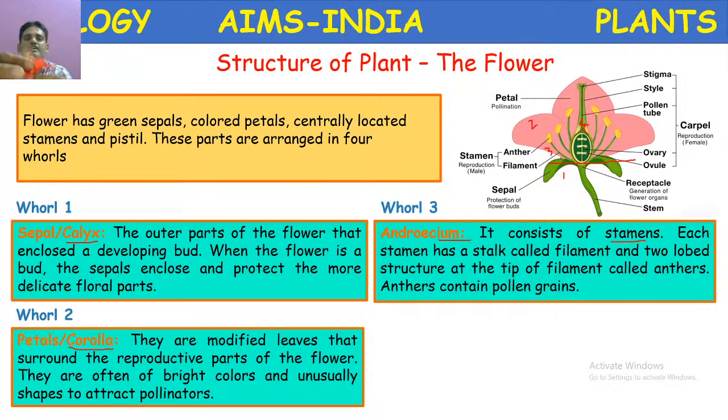So here, in this hibiscus flower, the stamens are arranged like this. This central one is the pistil, and beside the pistil, the stamens are arranged. The number of stamens also varies from flower to flower.